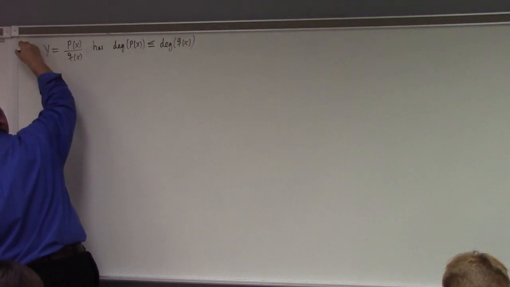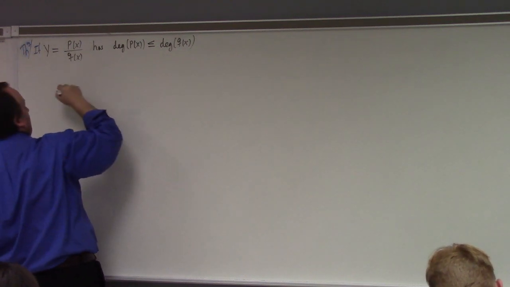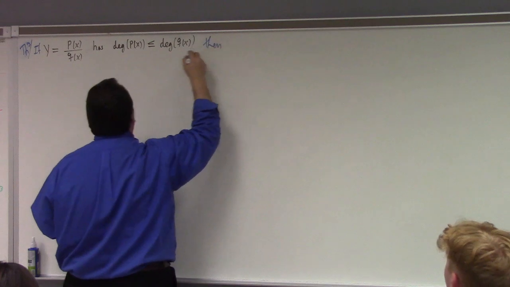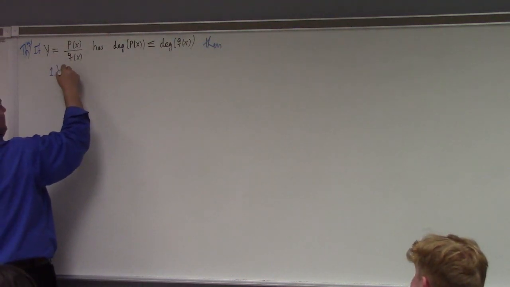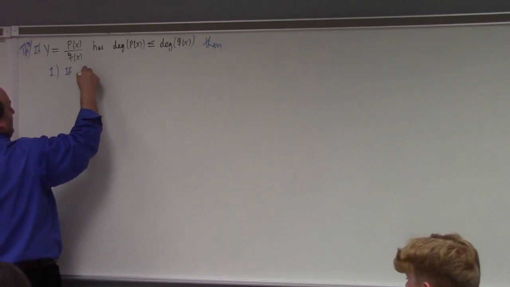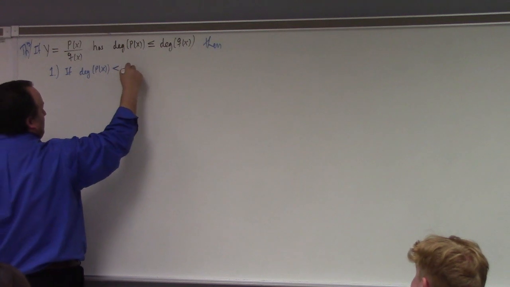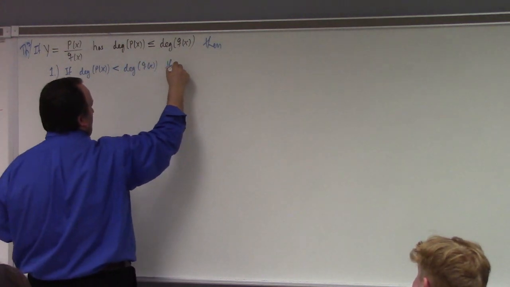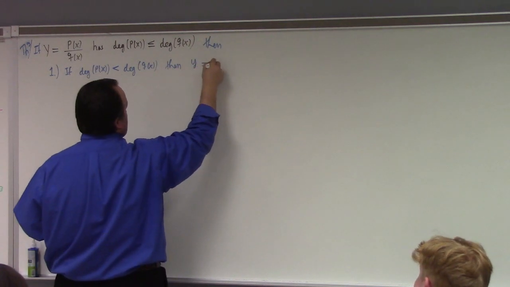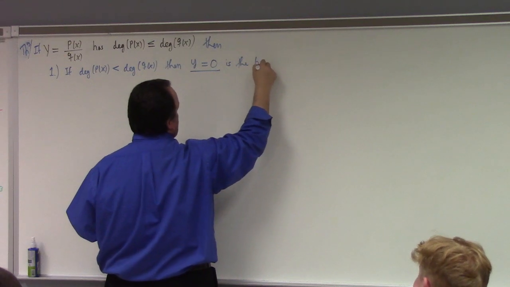Theorem. If, then, case number 1, and this is usually the case: if the degree of p of x is strictly less than the degree of q of x, then y equals 0 is the horizontal asymptote.